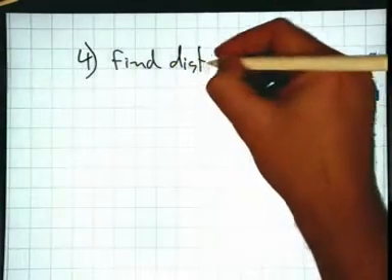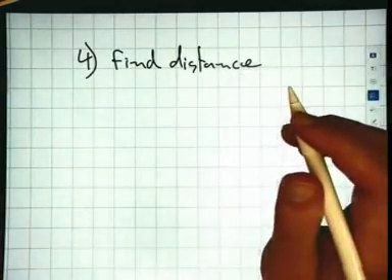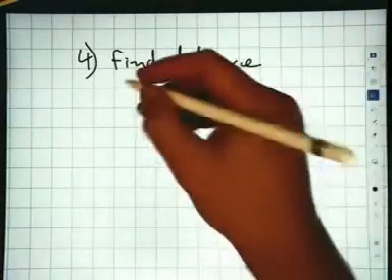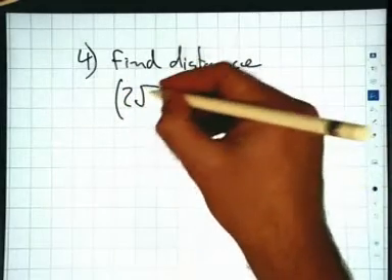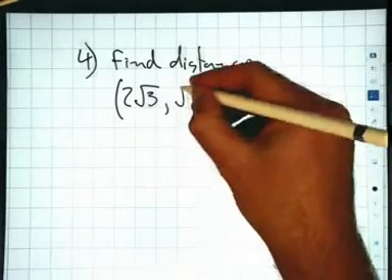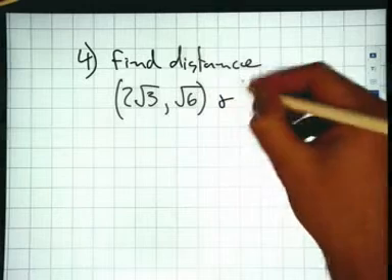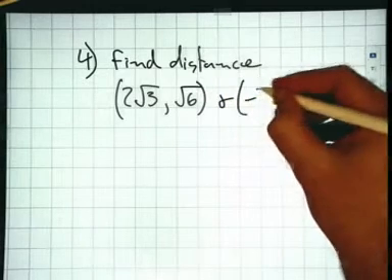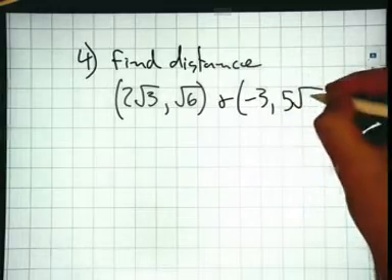Find the distance between the points 2 root 3, root 6, and negative root 3, 5 root 6.